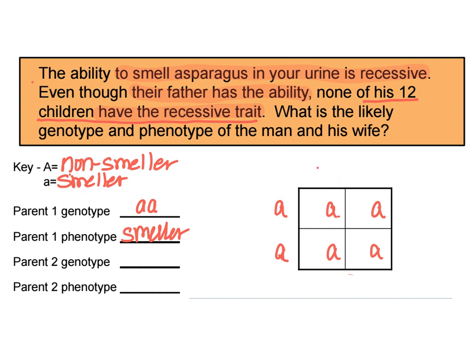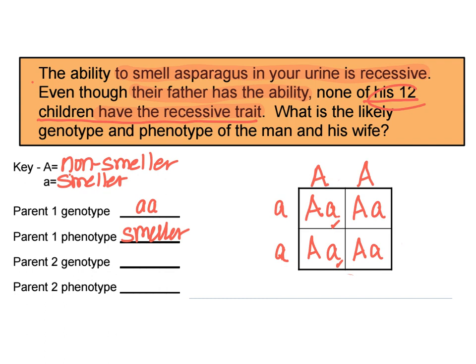So to put dominant alleles in the first column, I need to have a big A. That is going to be a big A here and a big A here. And that means this square and this square will now be non-smellers. I have to do the same thing over here by putting another big A here. That means this square and this square will also be non-smellers.